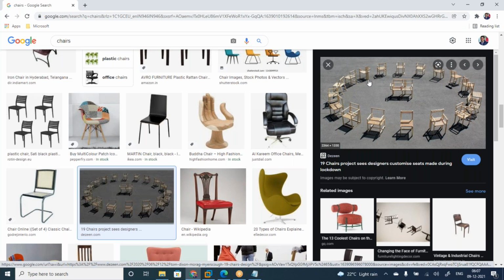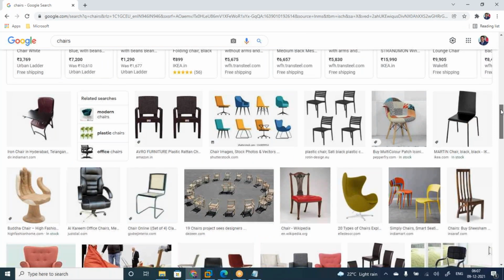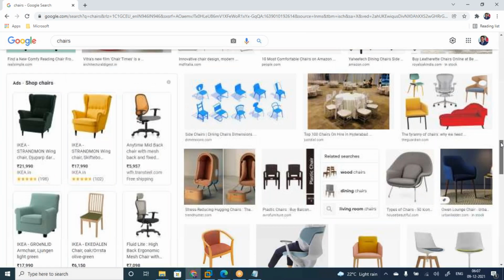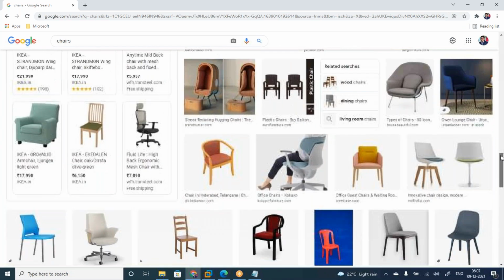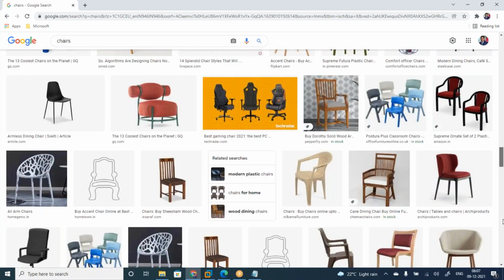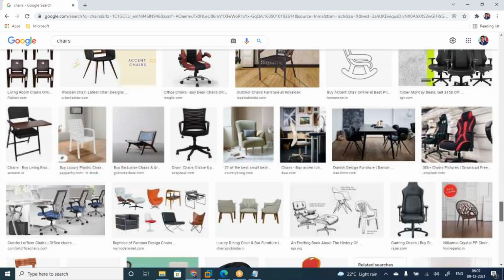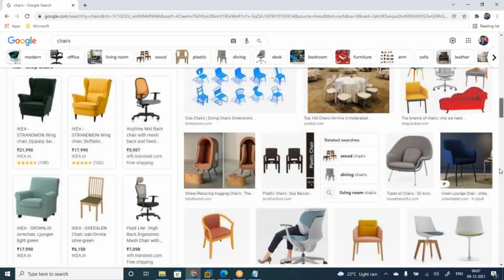So here all are identical. There is no change. Otherwise, I will take another example so that you will not get confused. It is different here. I want plastic chairs.